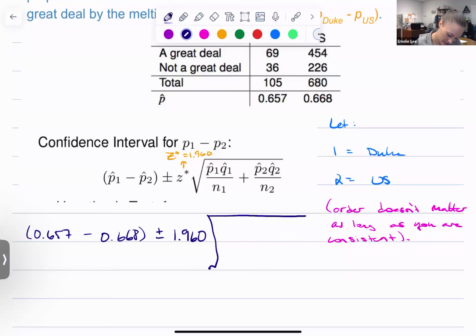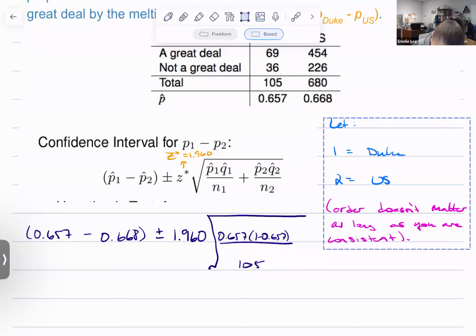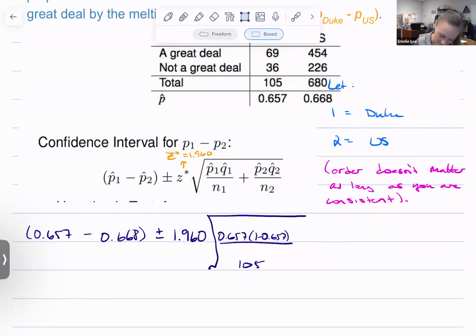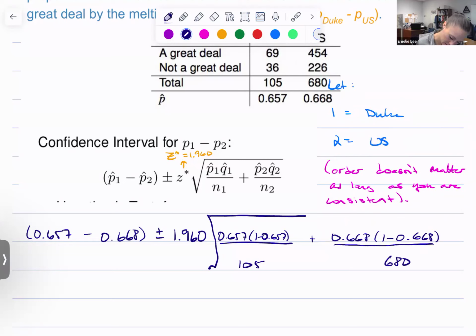And P1 hat is 0.657 times 1 minus 0.657 divided by N1, which is 105. To make more room for my square root, plus P2 hat, which is 0.668, times Q2 hat, which is 1 minus 0.668, divided by 680, which is N2.